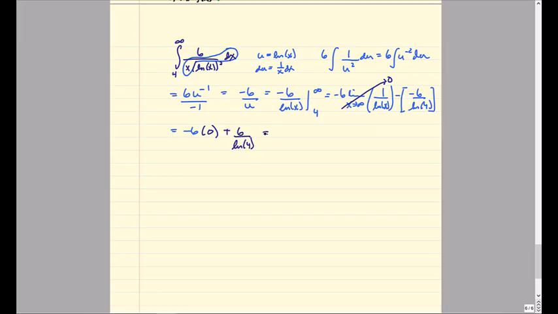So what I get here is 6 over natural log of 4, which means that it converges. So this implies that the integral converges. Therefore, the sum or the series converges as well. A lot of these have been u substitutions. Make sure, again, you stay sharp on those integration techniques.